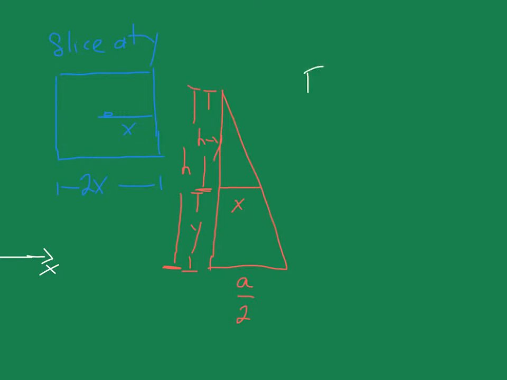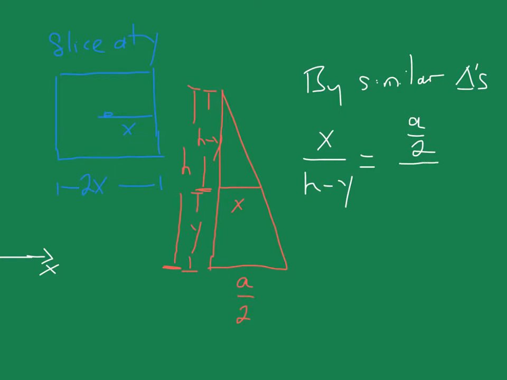Well, the ratio of the horizontal side on our small triangle, which is x, to the vertical side on our small triangle is going to be the same as the ratio of the horizontal side on our large triangle, which is a over 2, to the vertical side on our large triangle, which is h.